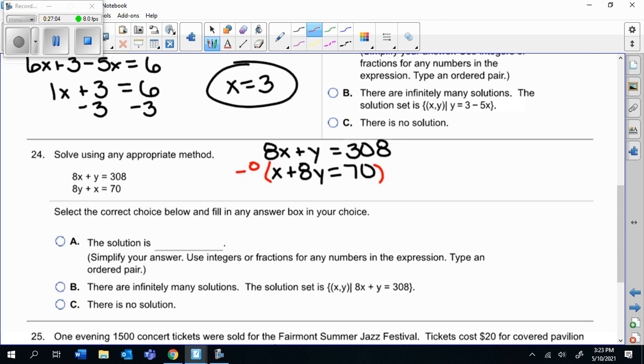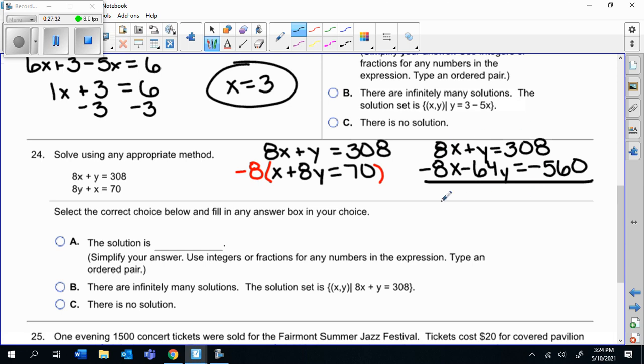So I'm going to multiply through by -8 so that these end up being opposites. A little redundant, having to write this over again. And then distributing that -8 to everybody: -8x minus 64y equals -8 times 70, which is -560.